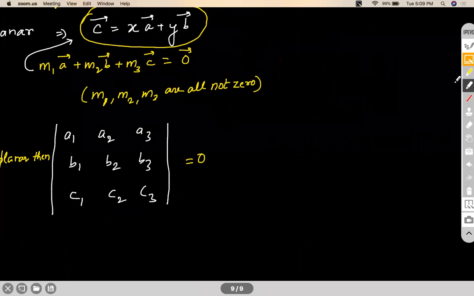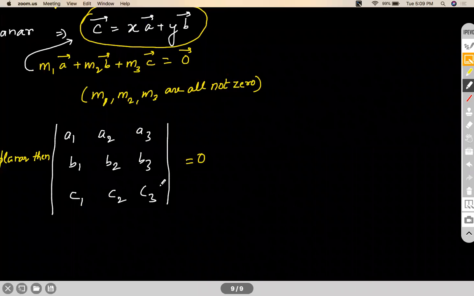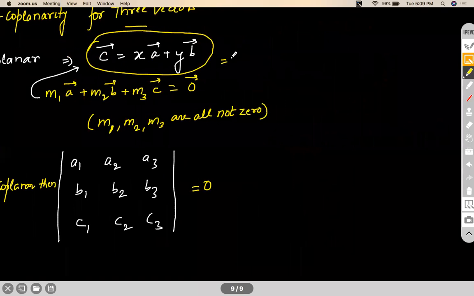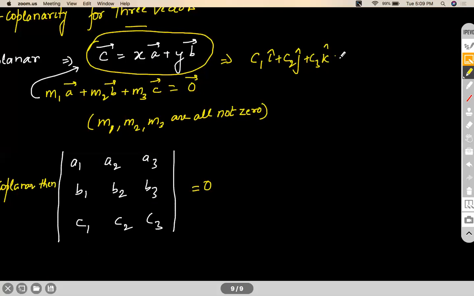It's like the area of that. No. See, understand from here. See what you're trying to say. You're trying to say that C1I, C2J, C3K is X times A1I, A2J, A3K plus Y times B1I, B2J, B3K.